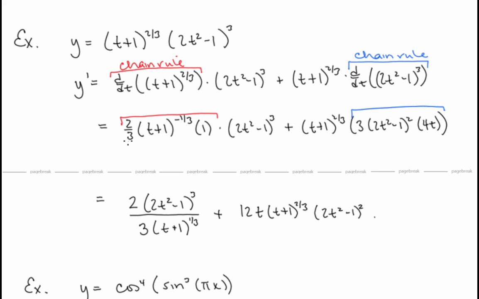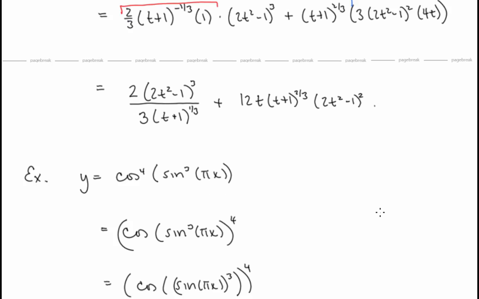And in the denominator, we'll have 3 times (t plus 1) to the positive 1/3 power. And here, let's just combine our 3 times 4t and bring it out front of that term. So we have 12t times (t plus 1) to the 2/3 times (2t squared minus 1) squared. And we can leave it here.